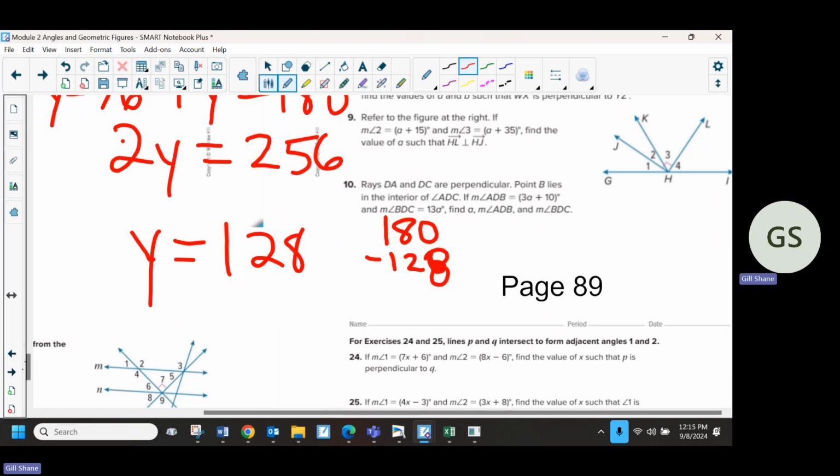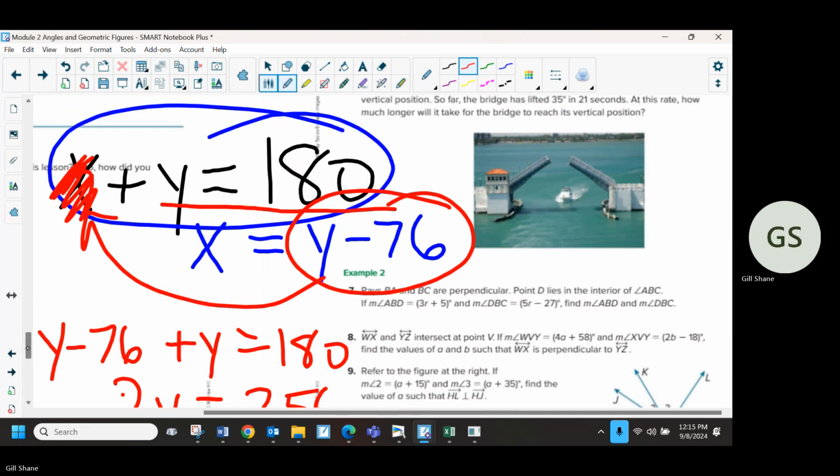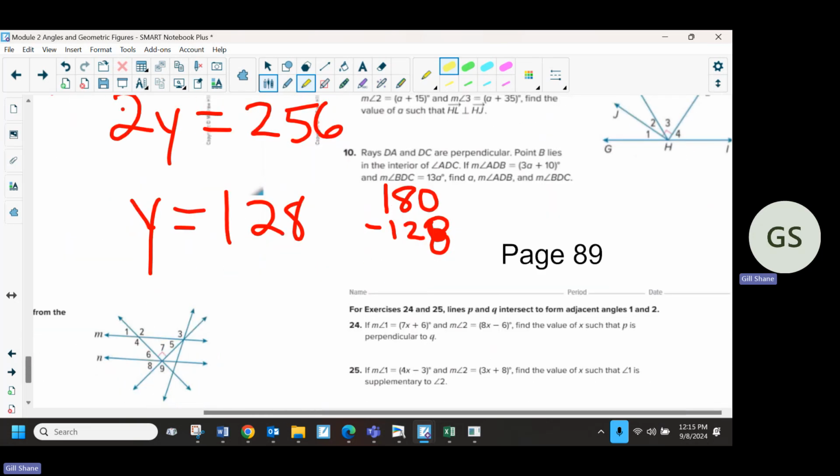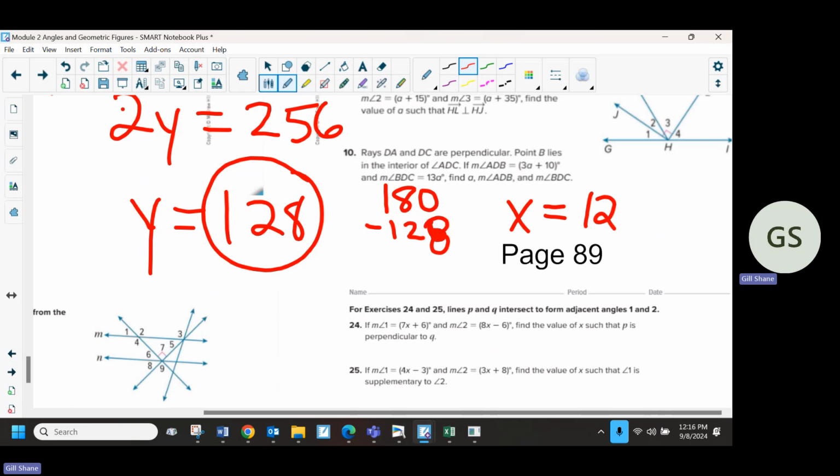Or I also know that x is equal to y subtract 76, so I could say x equals y, which I now know is 128, subtract 76. And you better get the same answer. x can't have two different measures. It's the same angle. We just did the math two different ways. So I'd get 52 over here, and if I subtract over here, I also get 52.